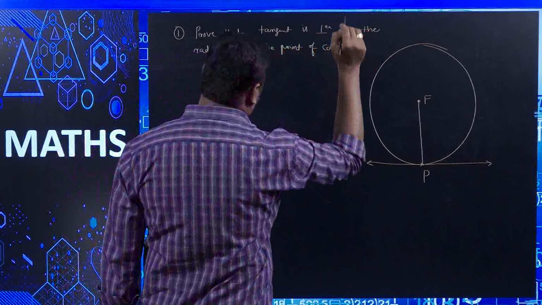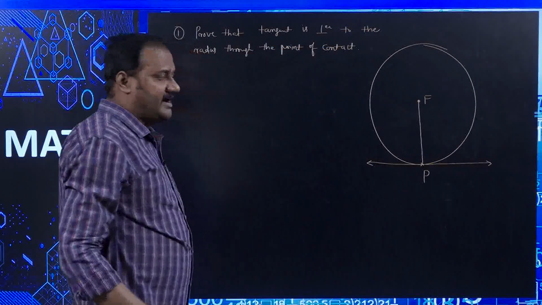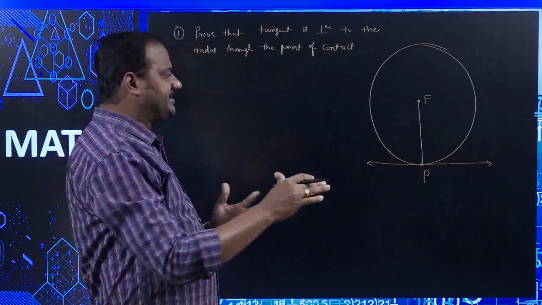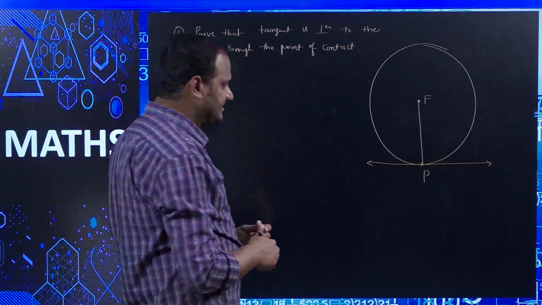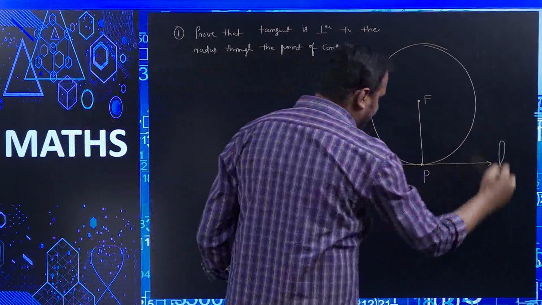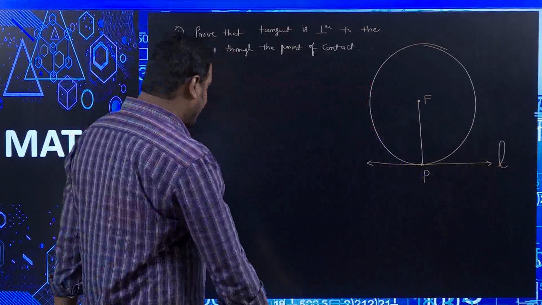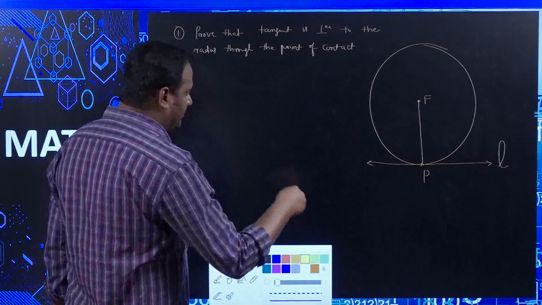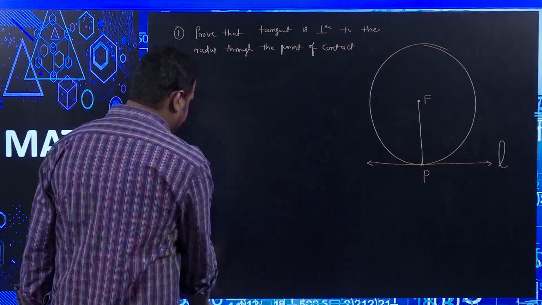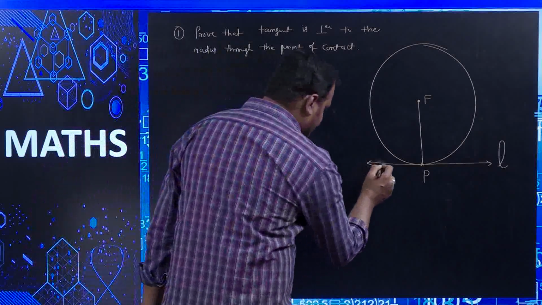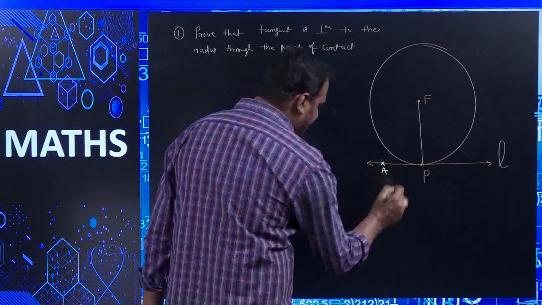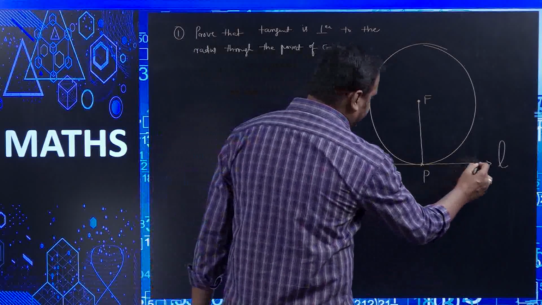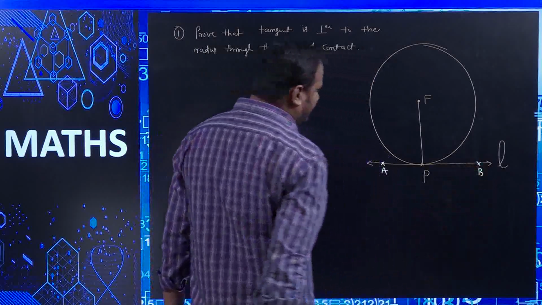In order to prove this, I am going to take some points on the tangent. So this is the tangential line, let it be L. L is the tangent. I am going to take a few points: one point on this side and one point on that side of the tangent. For example, I am taking one point here, let it be A, and one more point here, let it be B.